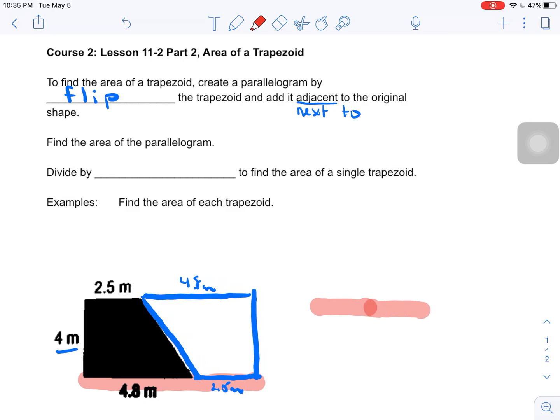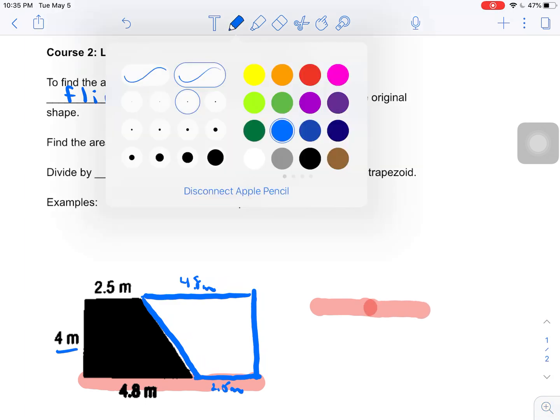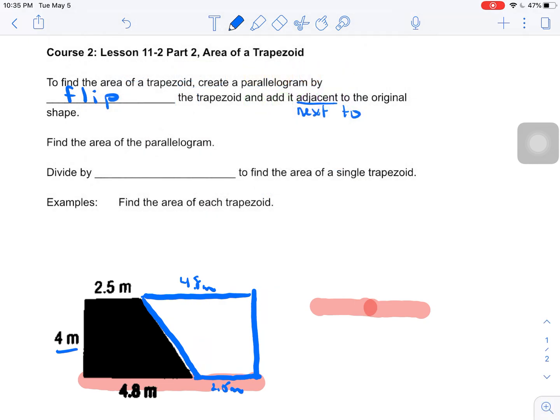Because the base is made up of two pieces, we have to add together the edge of the first trapezoid and the edge of the second trapezoid that's flipped upside down. To get that total red length, we take 4.8 and add it to 2.5.